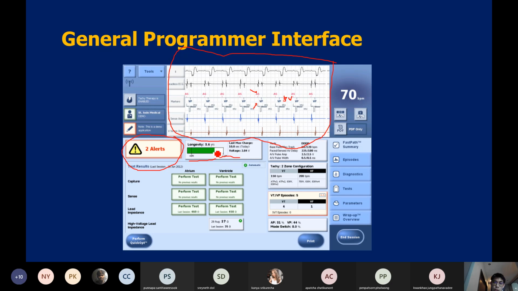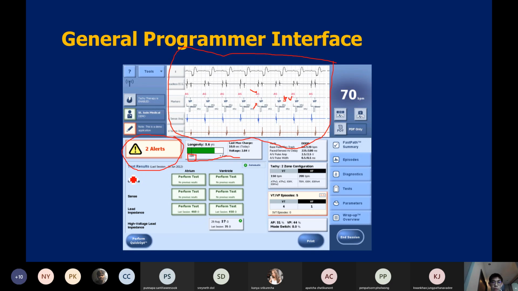If the green bar is less than the ERI, it means that you need to change the battery of the generator. ERI is the acronym for elective replacement interval. If the bar is inside the elective replacement interval, this means that you need to change the pulse generator, or the battery of the device.